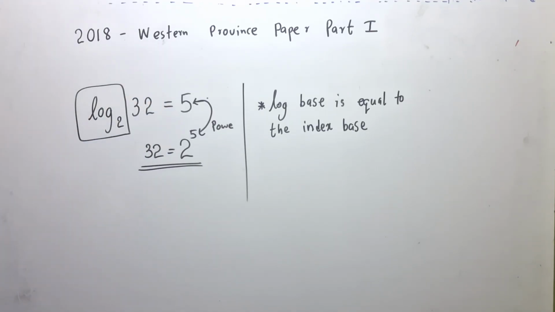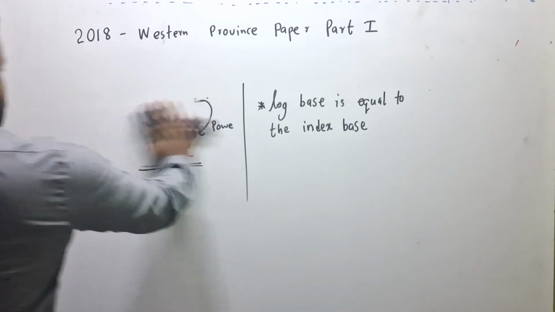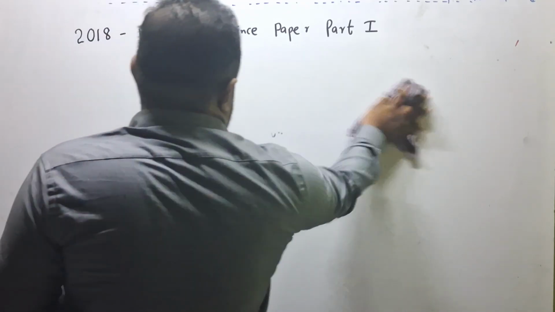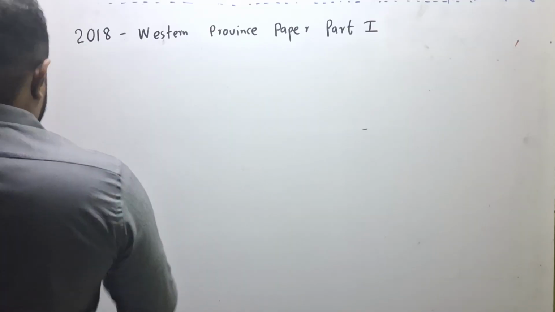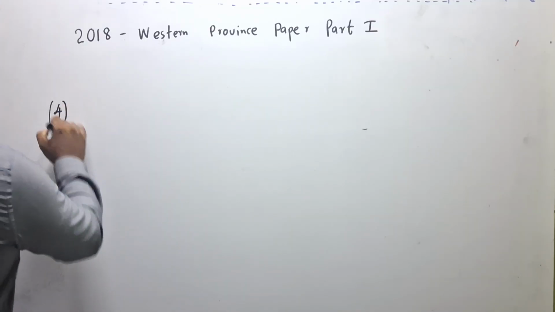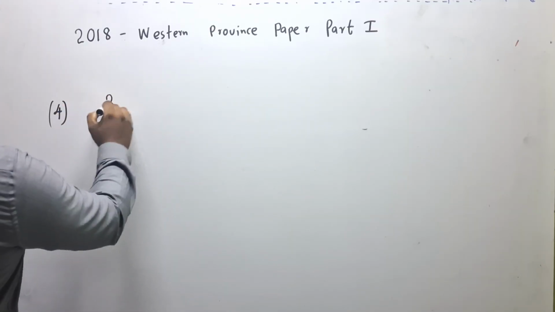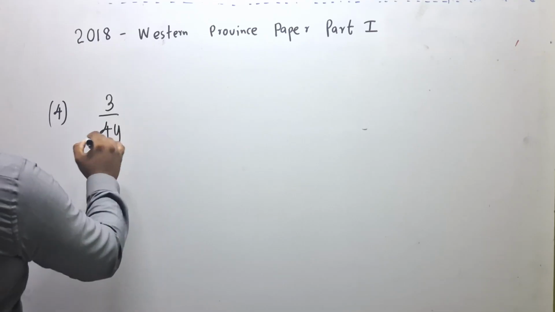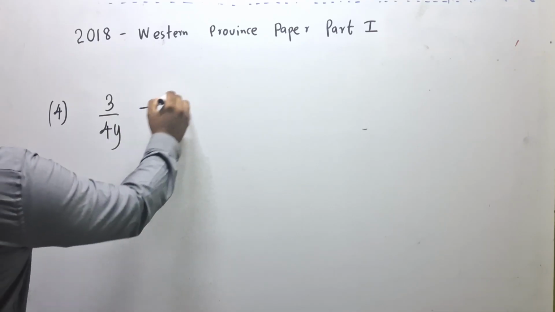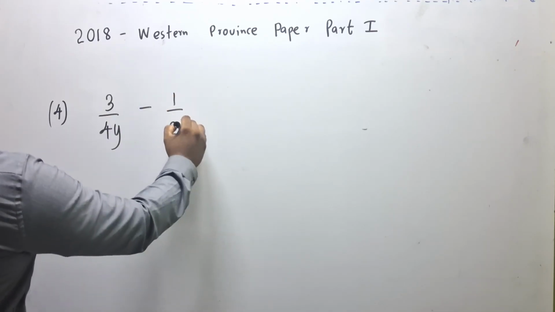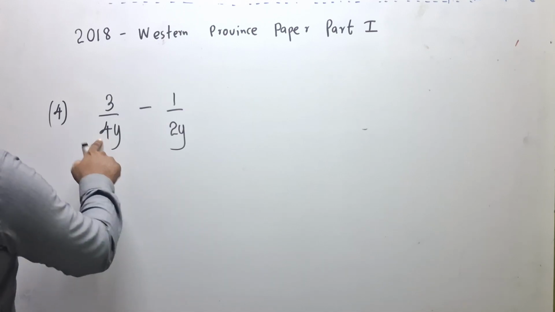Next question. Question number 4. Simplify the algebraic fraction given: 3 over 4y minus 1 over 2y. What is the least common multiple of 4y and 2y?